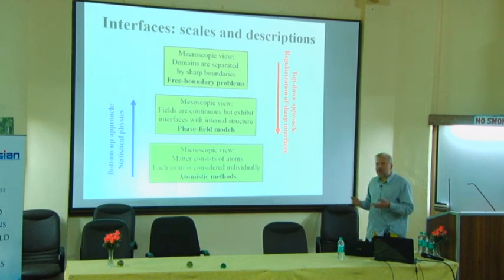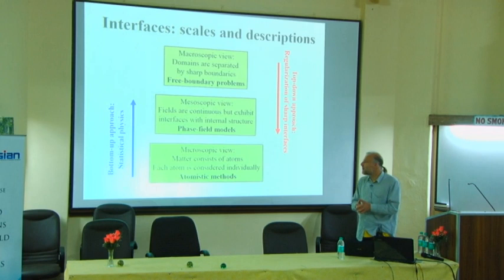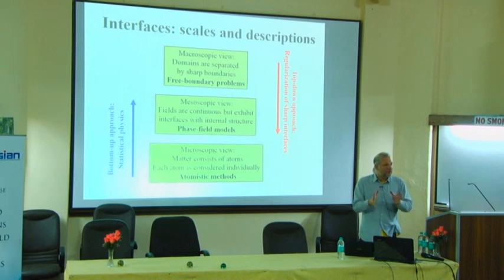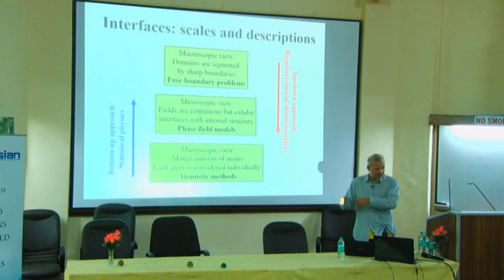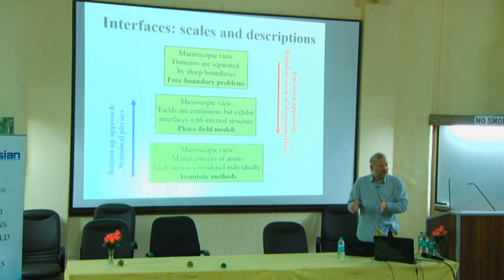Now, if you think about the solid-liquid interface, we will see some atomistic pictures of such interfaces later. But just picture a solid is an ordered structure. The atoms are arranged on a regular crystalline lattice. The liquid is a disordered structure, so the atoms are a random packing in some sense. So the interface is the transition region where you go from an ordered structure to a disordered structure.